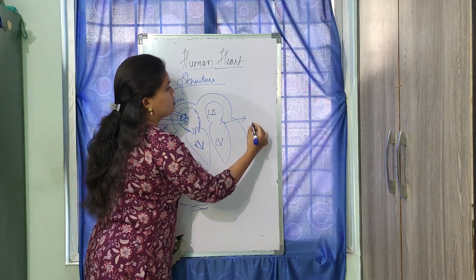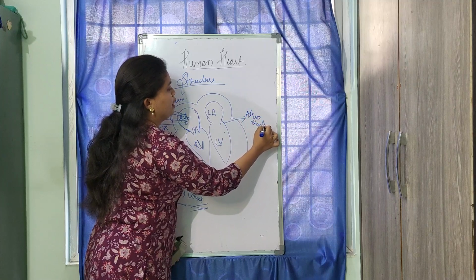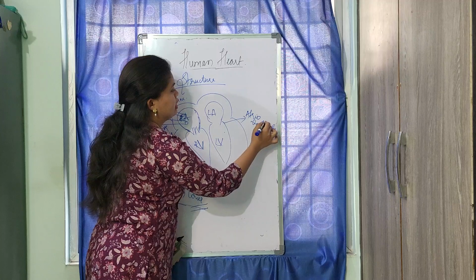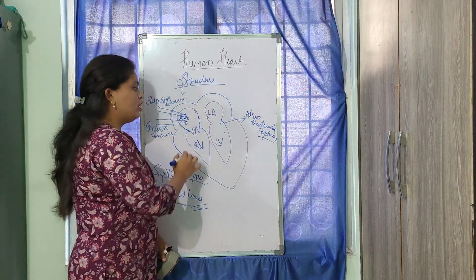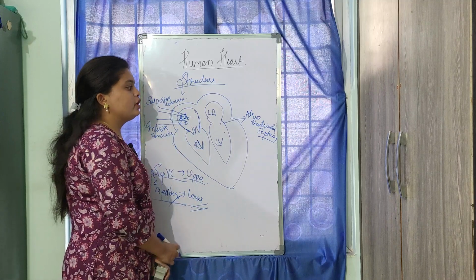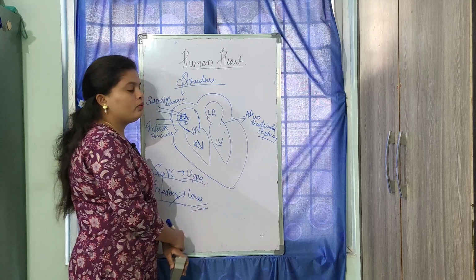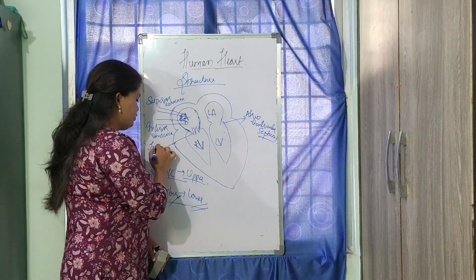This septum is called the atrioventricular septum. On the right side, the wall that represents this atrioventricular septum is the tricuspid valve.